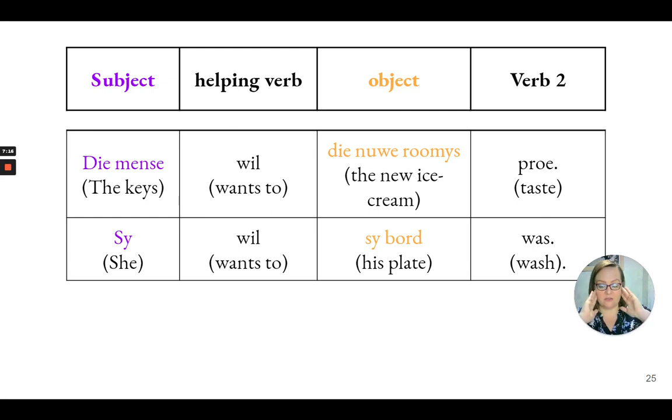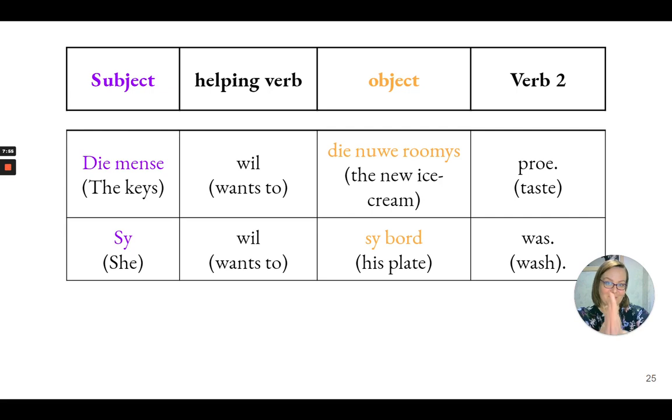So make a mental note that wants to is wil, and I will do it is sal. I'll make a note in the notes and I'll integrate it somewhere in the assessment as well so that you can remember. If you say ek wil KFC eat, I want to eat KFC. But if you say ek sal KFC eat, I will eat KFC, that would be two different things.